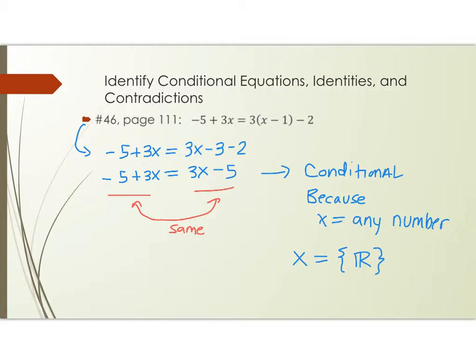If we have x equal to a particular number, then we have what's called an identity. And then finally, on conditional equations, if the variables are the same on either side of the equation, we have conditional because x can be any number.